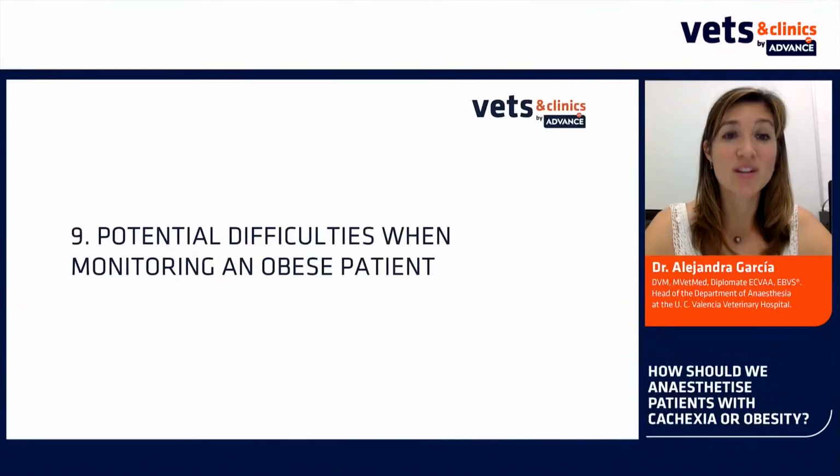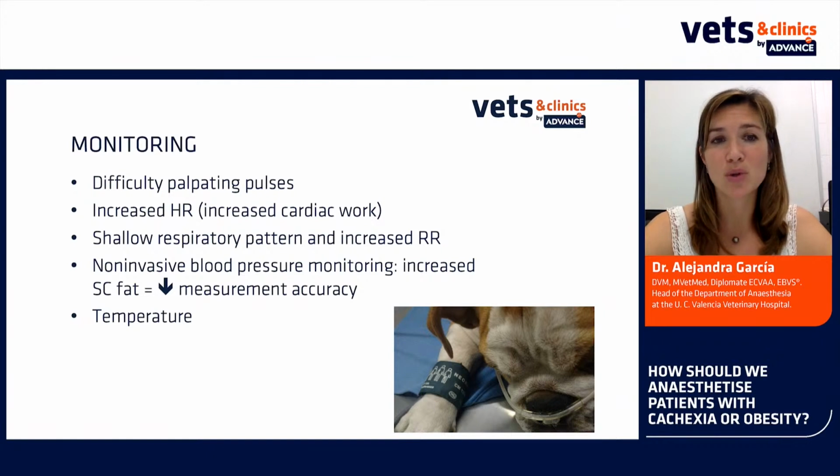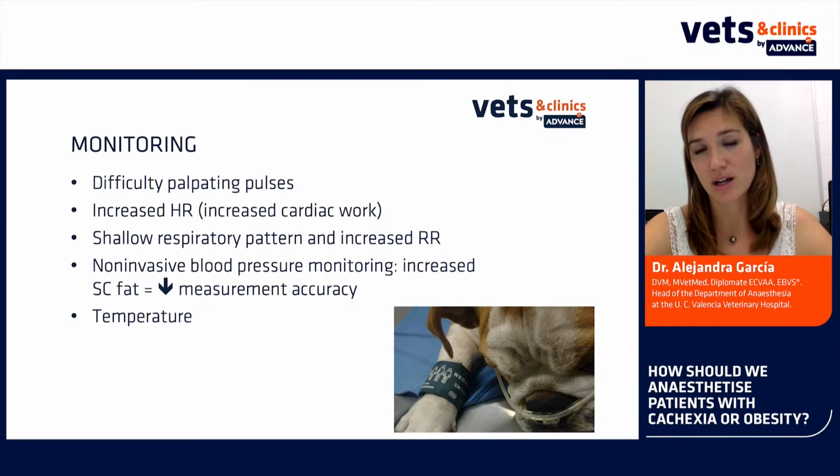Okay, so there are potential difficulties that we will have during anesthesia with these obese patients. First, we will have sometimes difficulty palpating pulses, especially femoral pulses. We will also see during anesthesia that they have an increased heart rate due to the increased cardiac work and increased cardiac output.